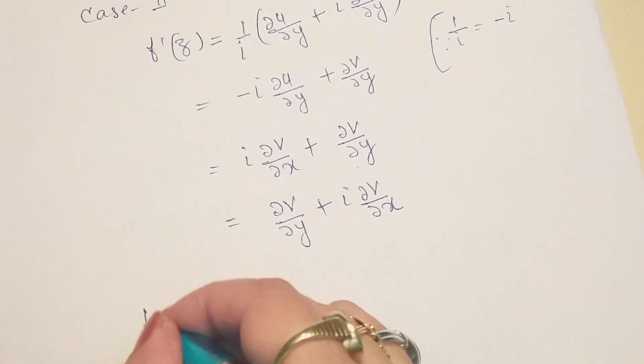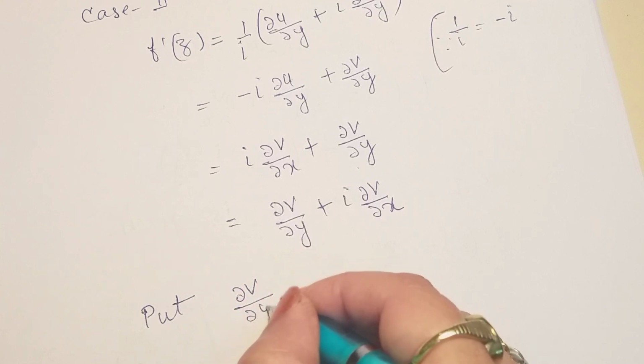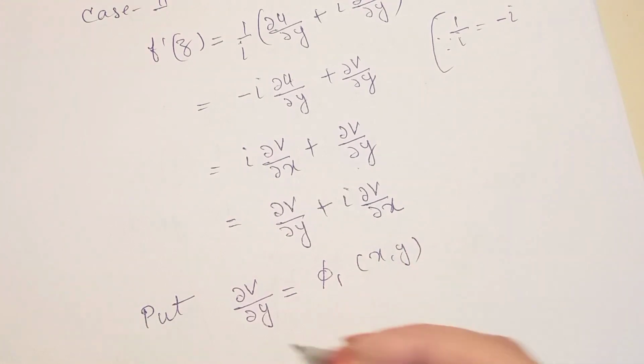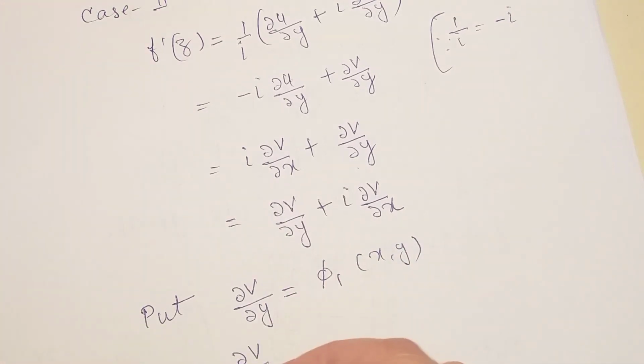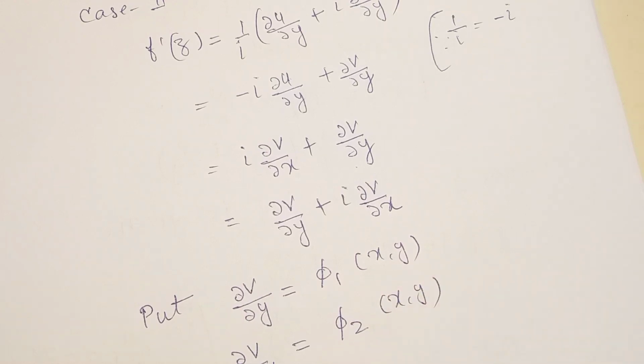Now put del v by del y is equal to phi 1 xy and del v by del x is equal to phi 2 xy.